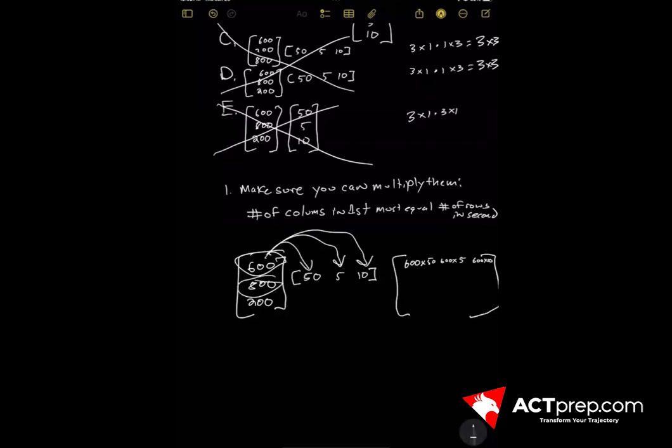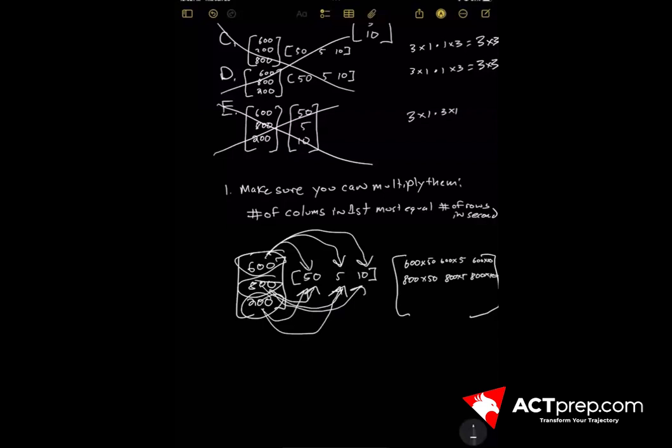Then we're going to take the second row, and we're going to multiply that by each column in the second matrix. And so we have 800 times 50, 800 times 5, 800 times 10. And we're going to do the same with the third row.